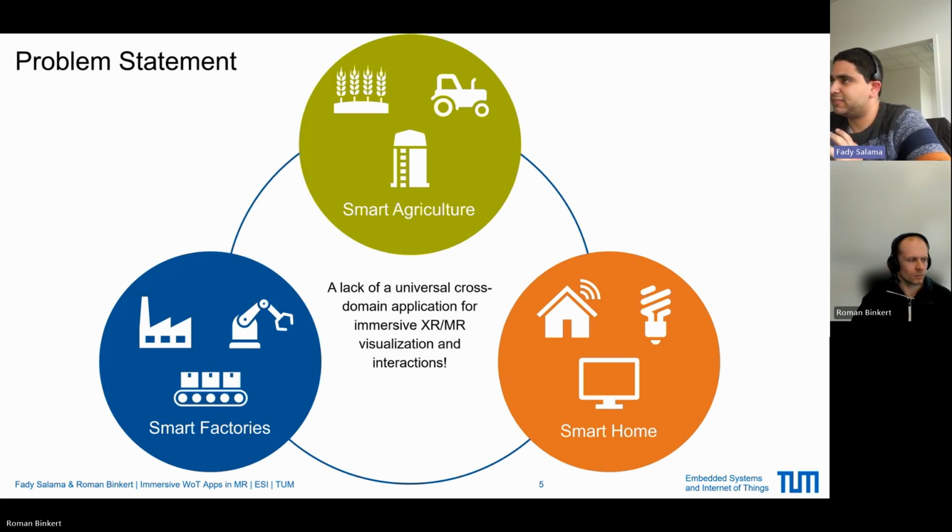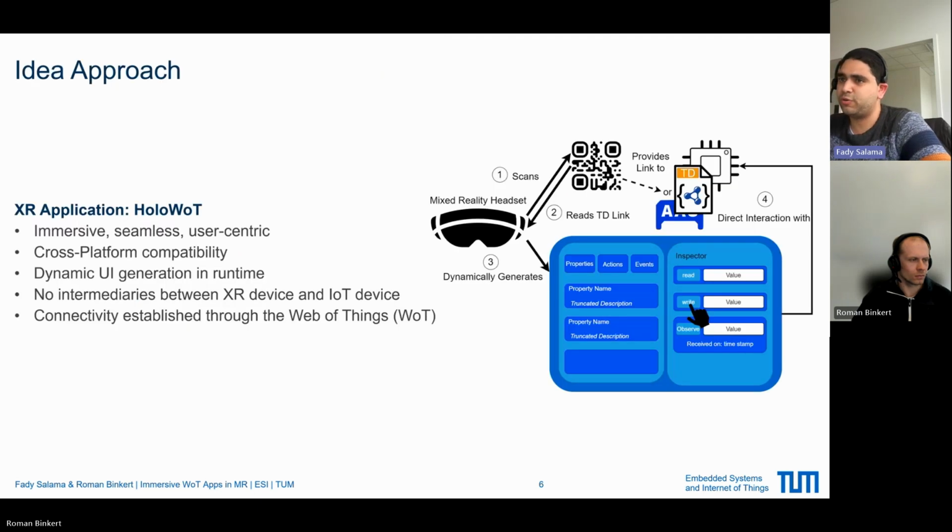This lack is basically because there is such a huge fragmentation in the IoT environment that for every group of devices, you would need your own implementation and a way to connect your immersive application to that device.